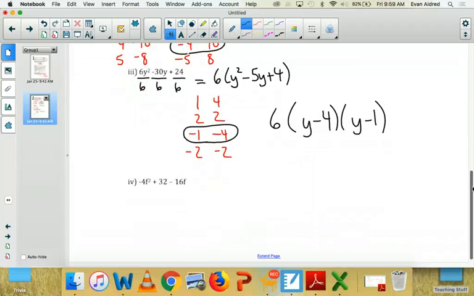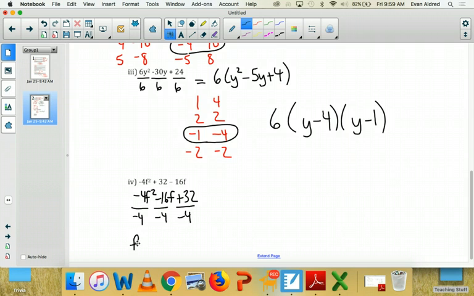And now our final example. Well, now this one's not arranged properly. So negative 4f squared minus 16f plus 32. We want to get positive f squared, so we have to divide everything by negative 4. We notice that there is a common factor. There's a number that divides by everything there, and that's negative 4.